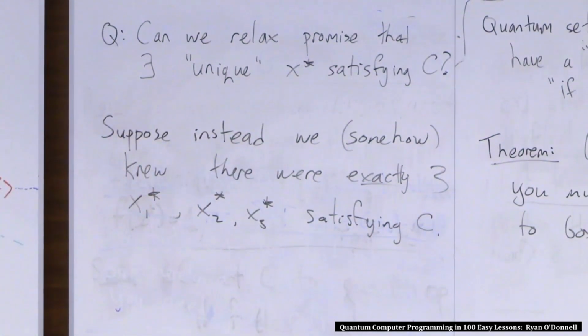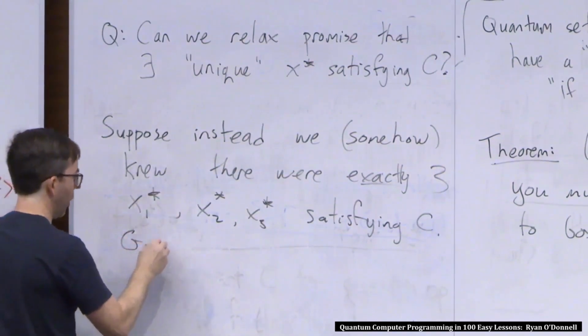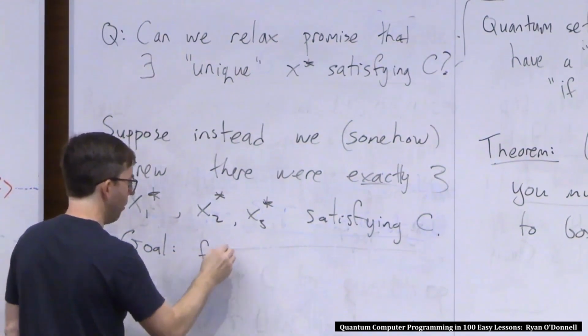If you just get this black box or this code C, how would you know there's exactly 3? But anyway, let me handle this case, and we'll eventually put everything together. And the goal, by the way, is to find any one of them. You don't have to find all of them, just find one of them.